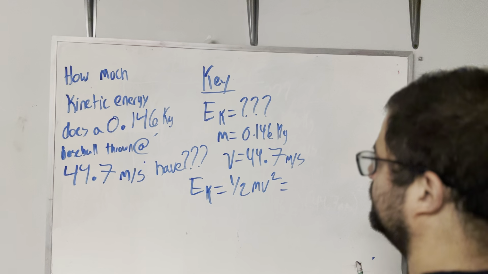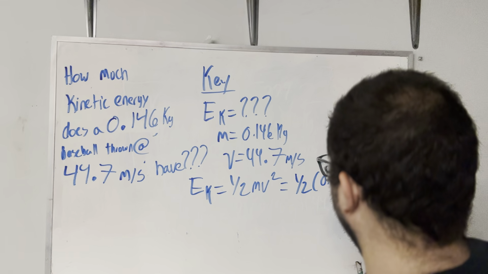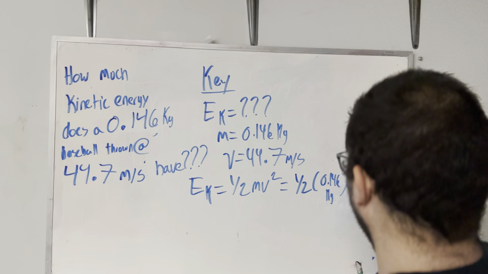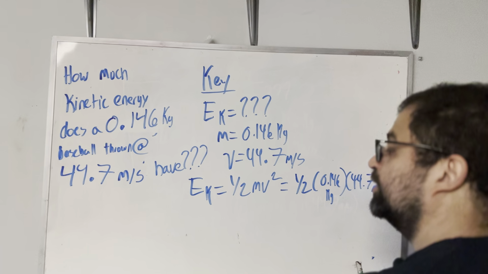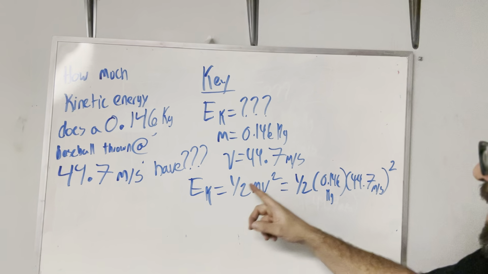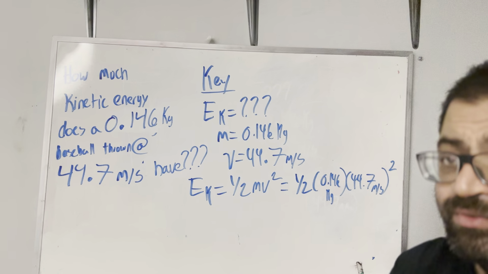We plug in our values: 1/2 times 0.146 kilograms times 44.7 meters per second, and square. Really important, a big mistake that I see people do: they'll write down the formula, and then when they go to put the numbers down, either the half or the squared disappears.